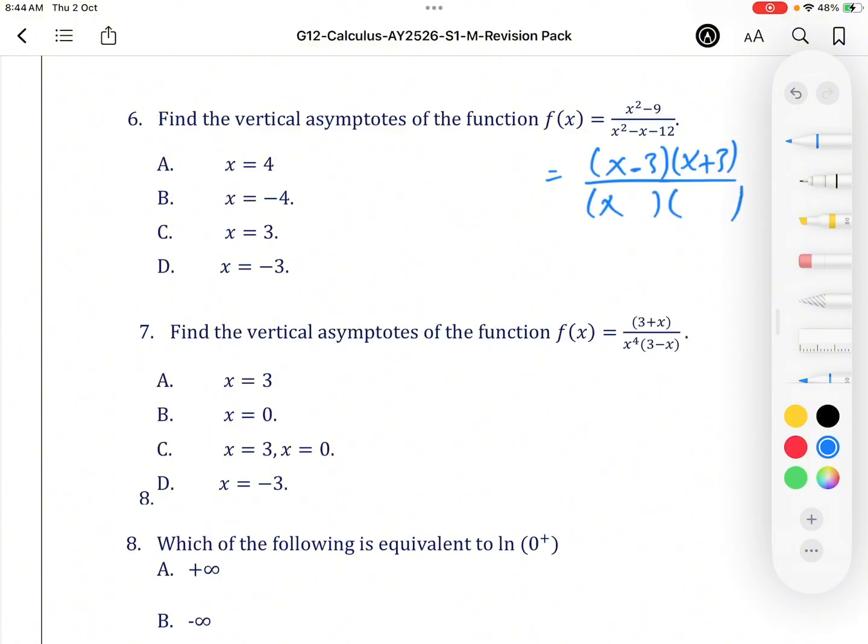And the one down is x and x, -12 and -1, so it's -4 and +3. The x plus 3 cancelled, which is the hole, but it's not our subject because we are looking for the vertical asymptote only. So the one left down is x minus 4, solve it, then x equal 4.